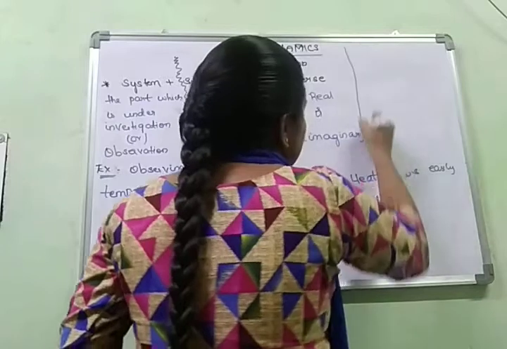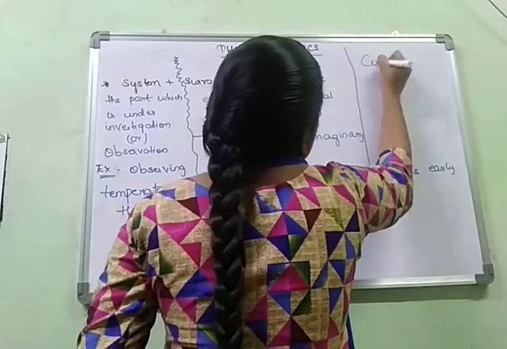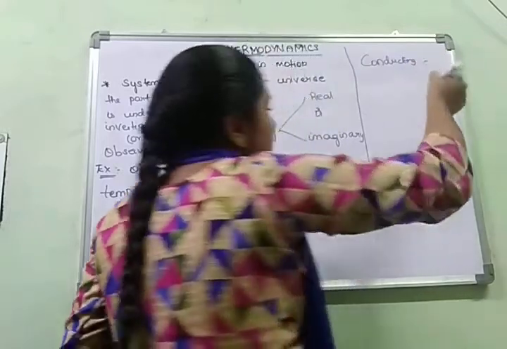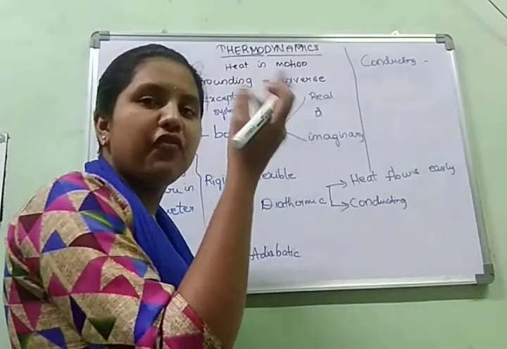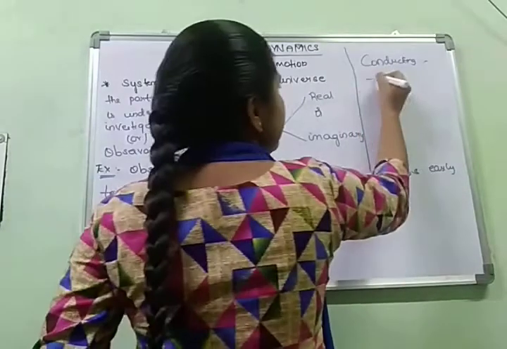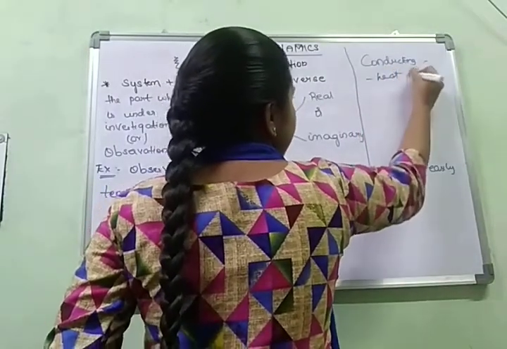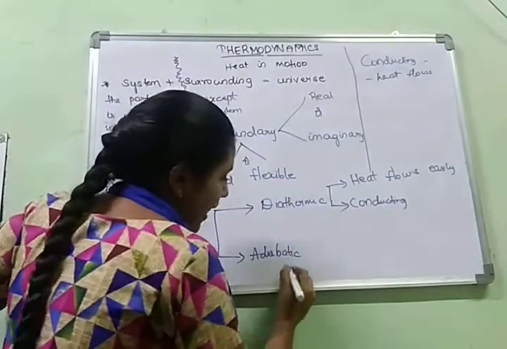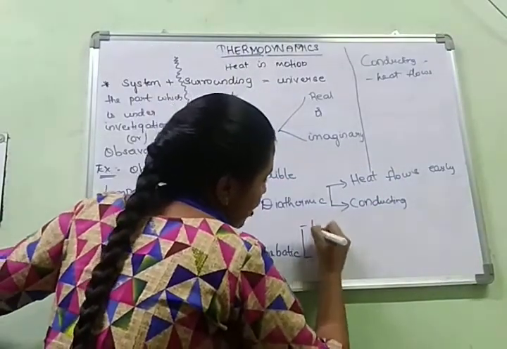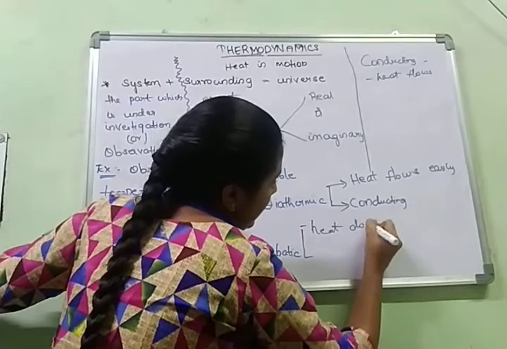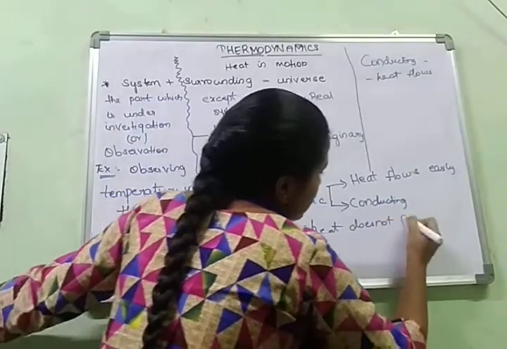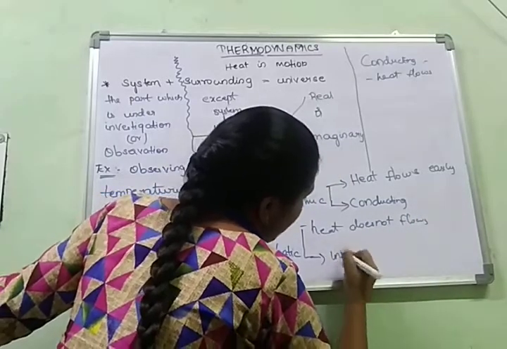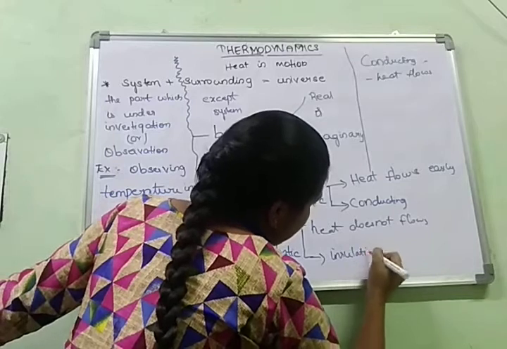Conducting material is nothing but material which makes heat flow. Now in adiabatic, heat does not flow. Here the walls are made up of insulating material.